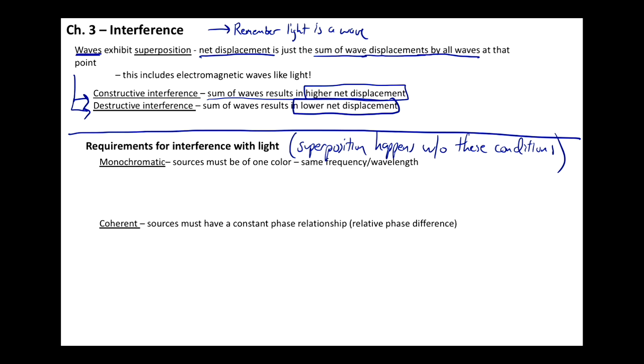Requirements. First of all, monochromatic. Monochromatic meaning essentially one color, or think of it as one wavelength or frequency. Whatever sources of light I'm trying to put together and have them interfere, they must have the same color. And by color, we simply mean either the same frequency or the same wavelength, which is really just one is the same thing as the other.